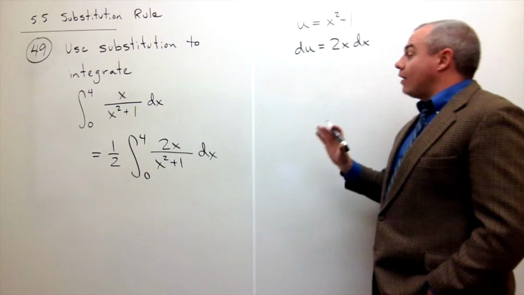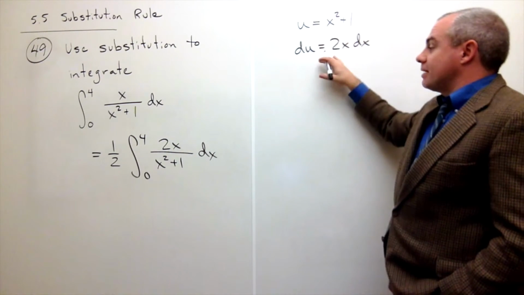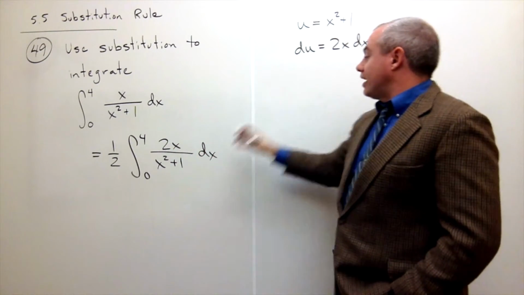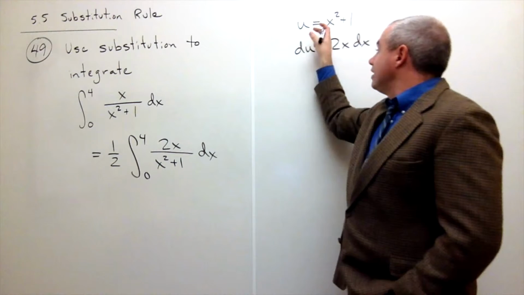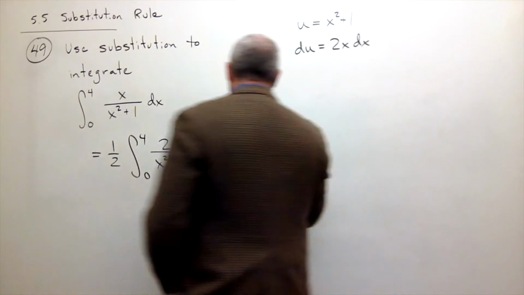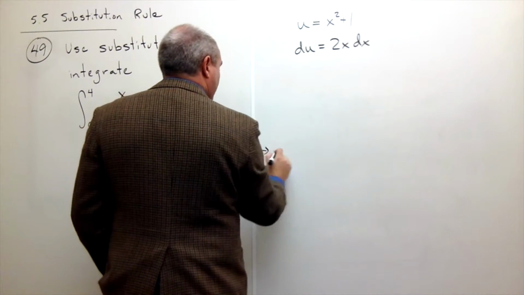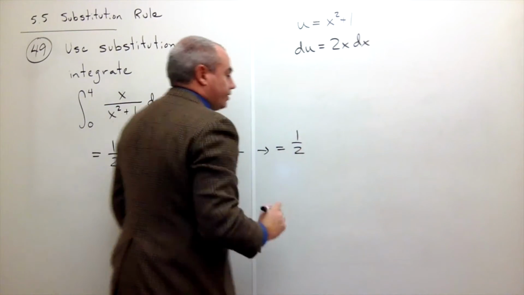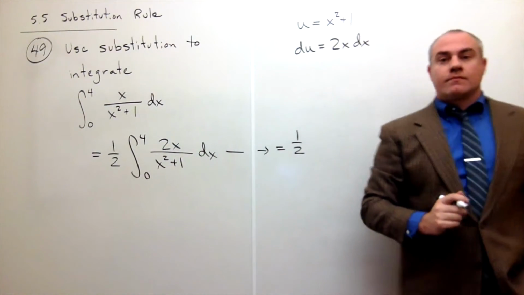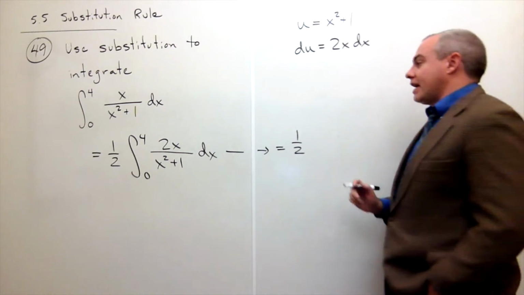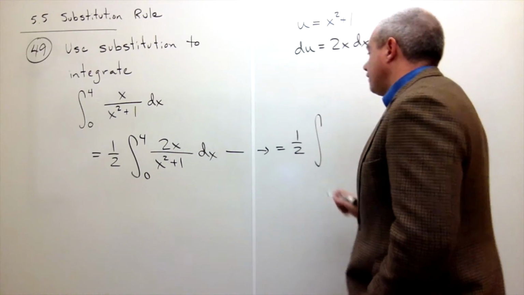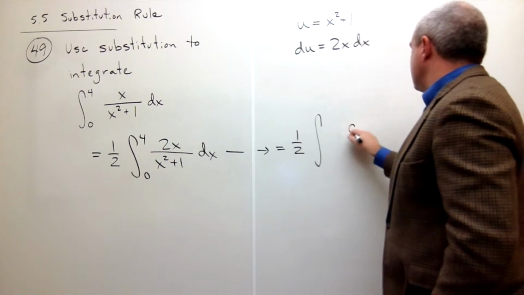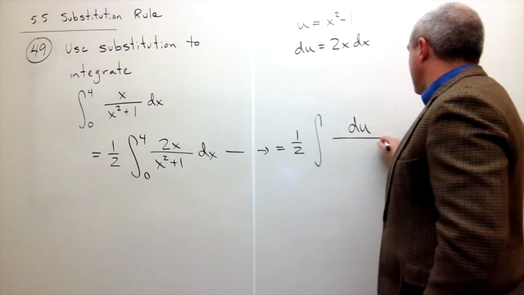All right, now it's in a perfect form to make my substitution. I have my 2x dx becoming my du, and I have my x squared plus 1 becoming my u. So let's move over here. This is equal to, the 1/2 is still there, then I have the integral of 2x dx, which just becomes du on top.